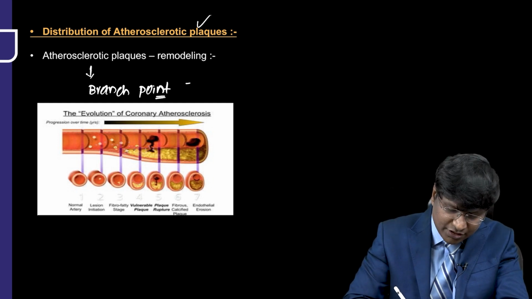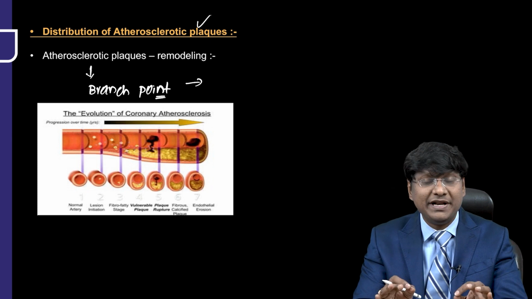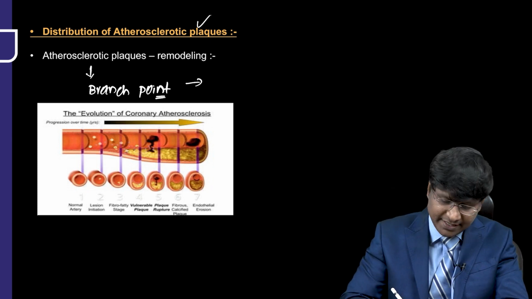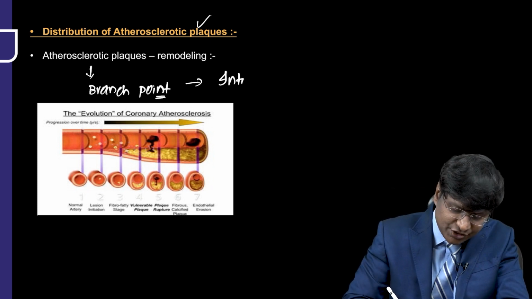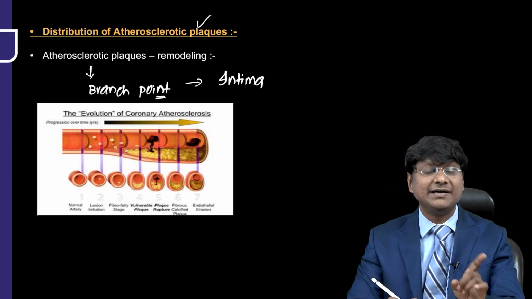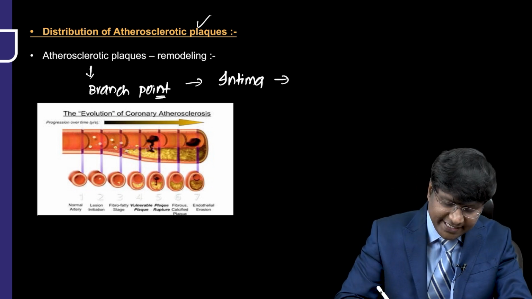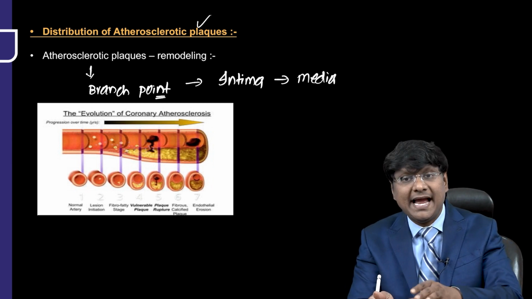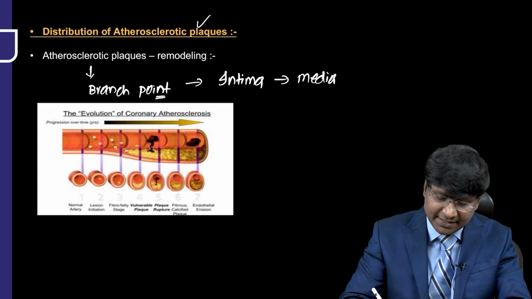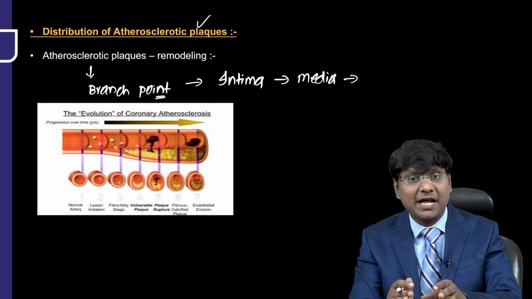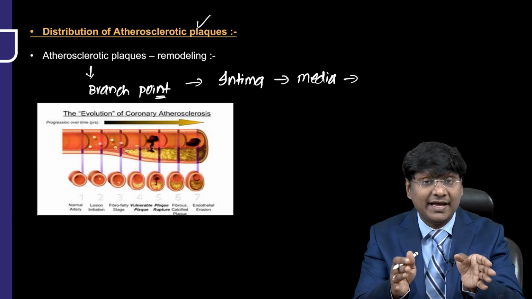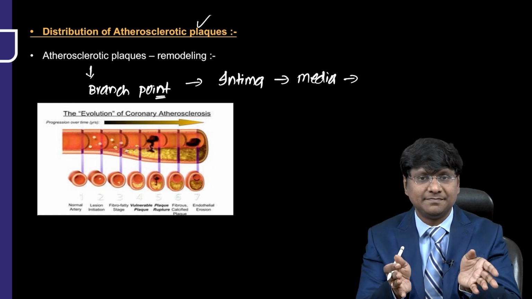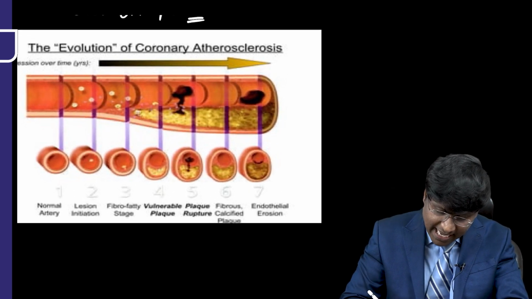Whenever the atherosclerotic plaque develops, remember, it initially starts within the intima. After the intima, the plaque goes to the media, and initially there will be outside bulging.